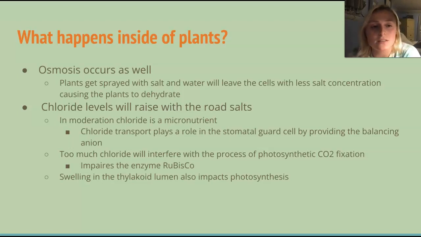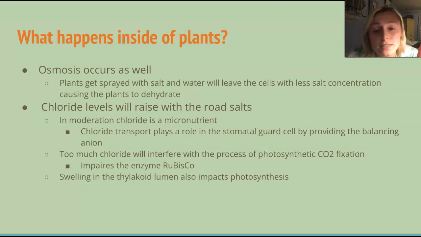And the stomatal guard cell opens and closes based on the turgor, which is how much fluid is inside the cells. So the more dehydrated the cells are, the stomatal guard cells, the openings, the pores will close and not allow for carbon dioxide intake.